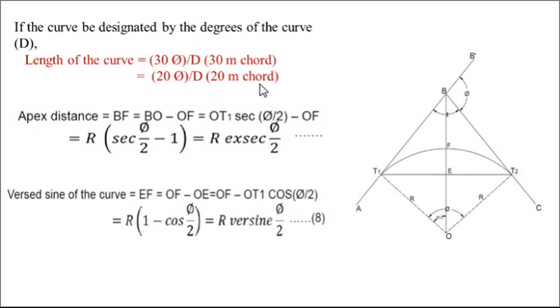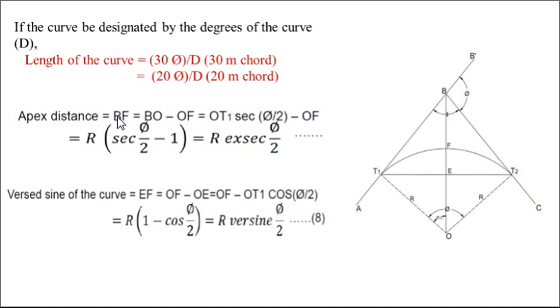Okay. Next one, apex distance. So apex distance is nothing but the distance from point B to point F. Whatever the distance from the top point of the curve to the intersection point, this distance is called the apex distance.